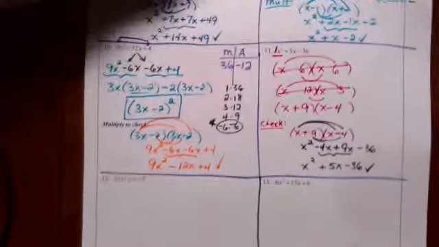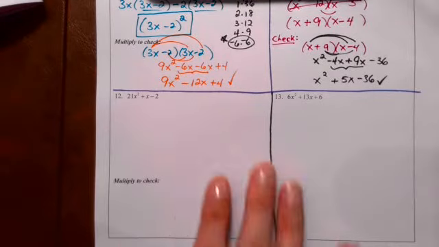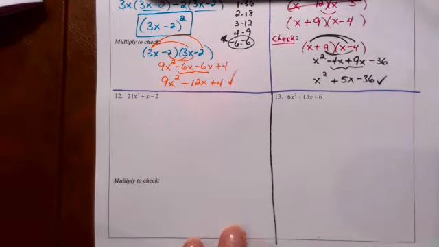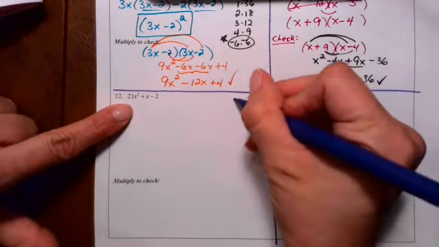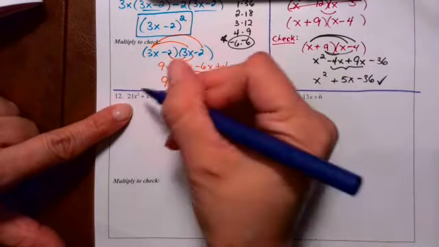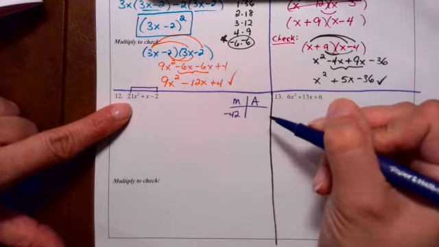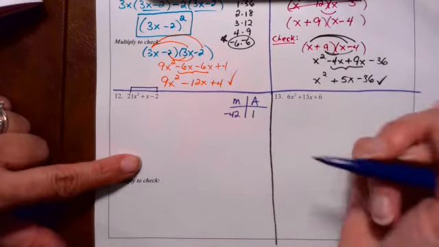Okay. So I guess here we can decide if we want to try the guess and check method or if we want to just try the make the table and get the job done method. I think I'm going to make an MA table. So 21 times negative 2 is negative 42, and the add number is 1.